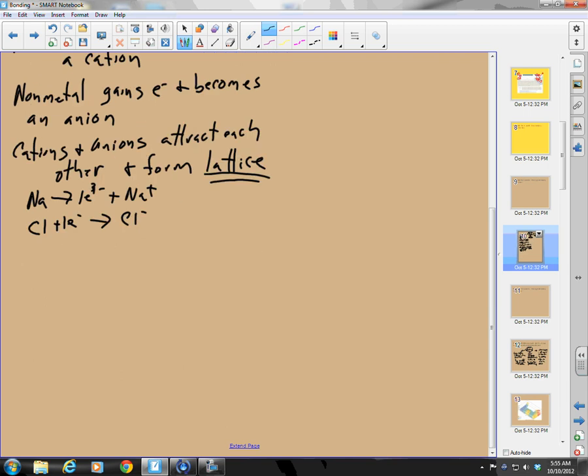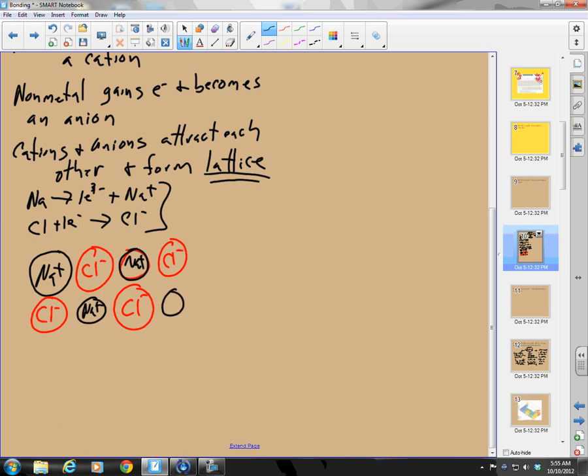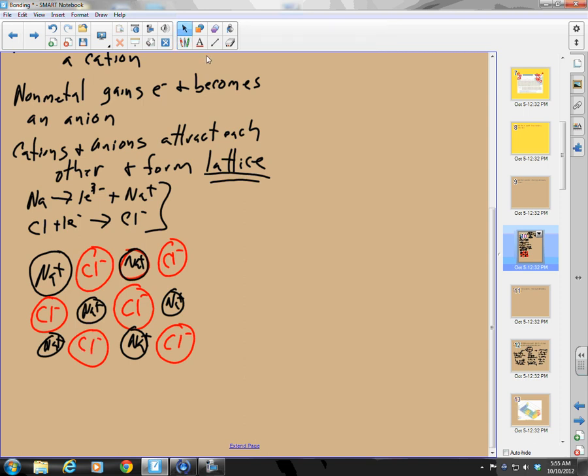But I don't just have two of these guys. I have a whole bunch of them. So I would have an Na plus, which is attracted to a Cl minus, which is attracted to an Na plus, which is attracted to a Cl minus, and there's another Cl minus that's attracted here, and another Cl minus attracted here, and then an Na plus that's attracted to these Cl minuses, and I get a whole big network of positive and negative ions, and this is what we call a lattice.